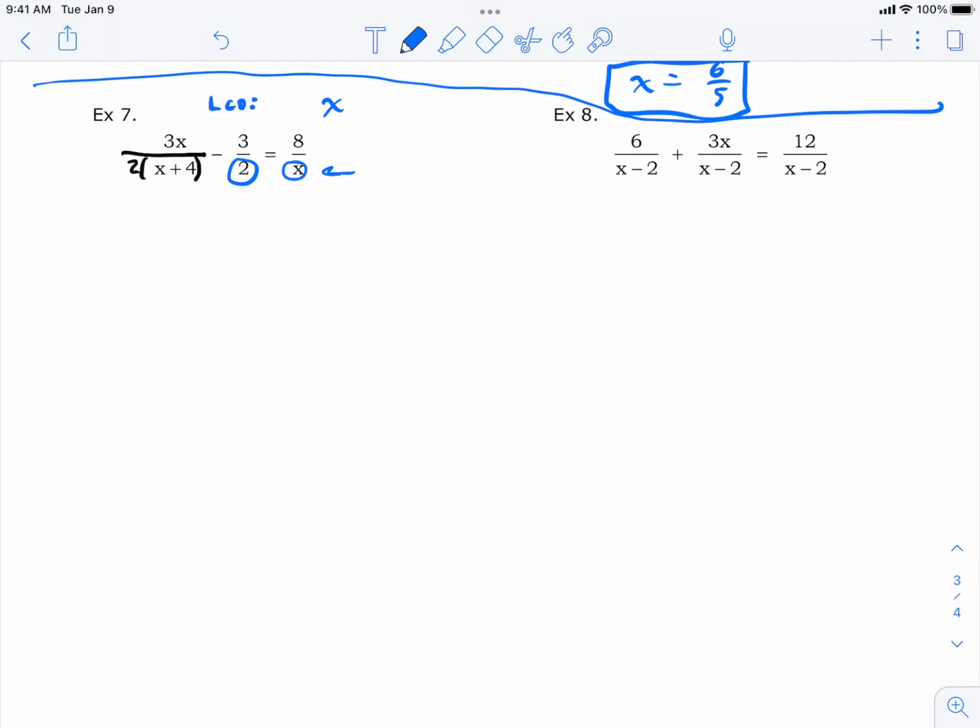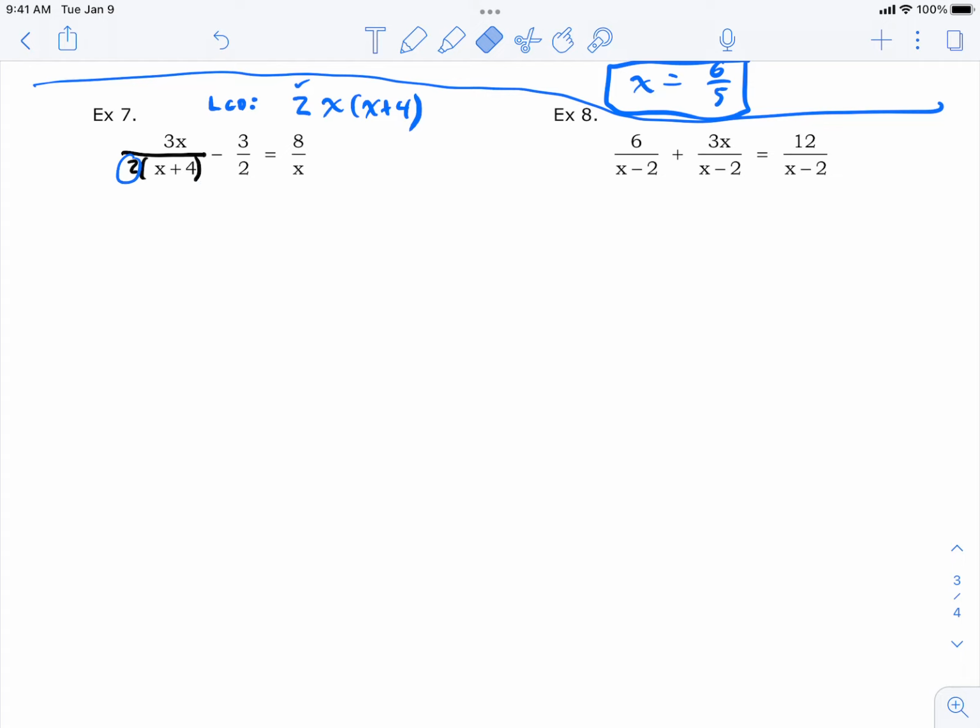This denominator has a 2 in it, so it also needs a 2. And then look at this denominator. It has a 2, which I already have. But it also has x plus 4, and remember, the x plus 4 in parentheses is like a single chunk that stays a single chunk. So that's our LCD.